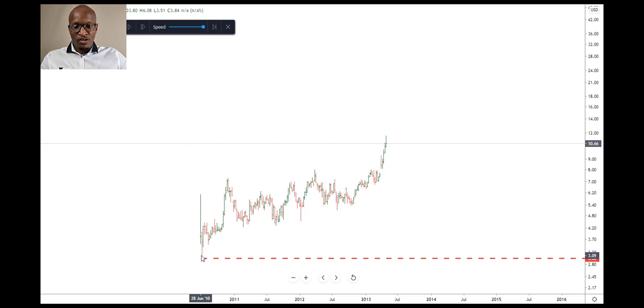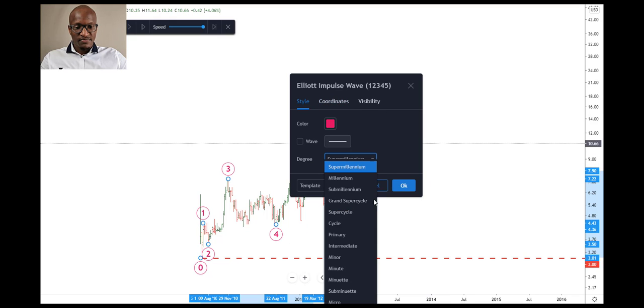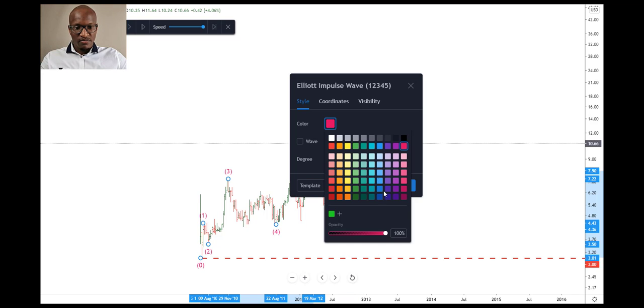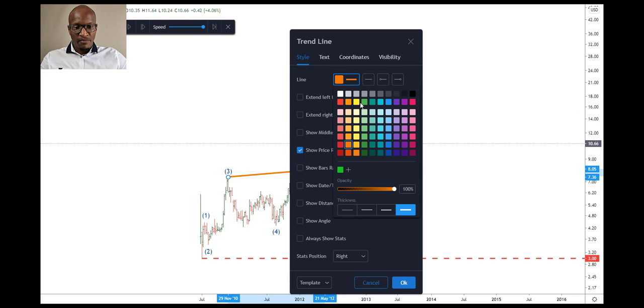So I will label the internal waves of this leading diagonal as wave 1, 2, 3, 4, 5. Can make this blue. And because it's a leading diagonal, we will draw trend lines. I won't go into rules and guidelines in this presentation.